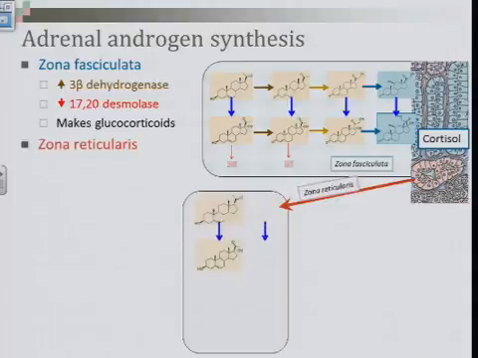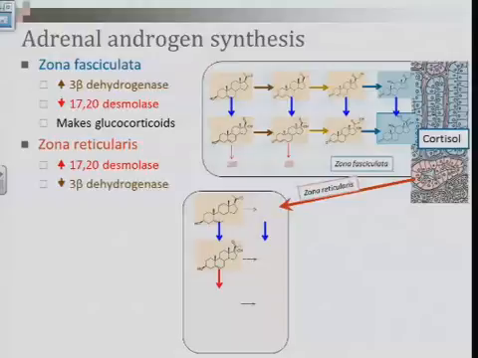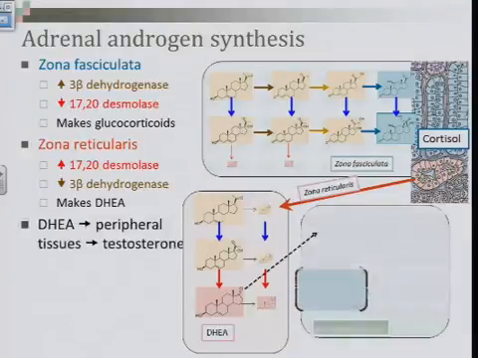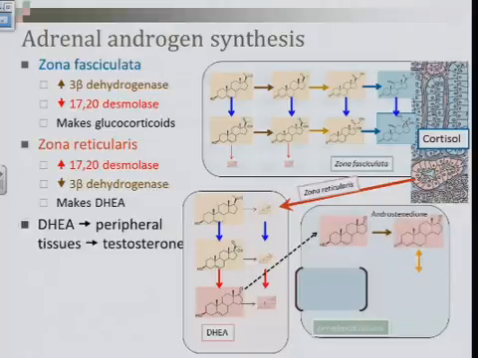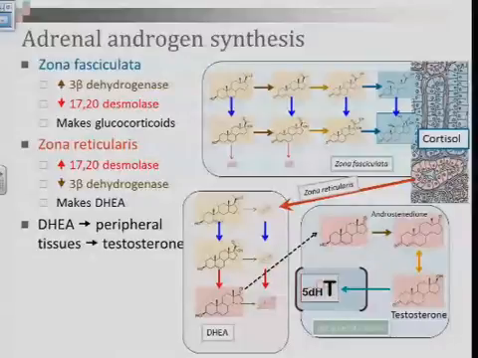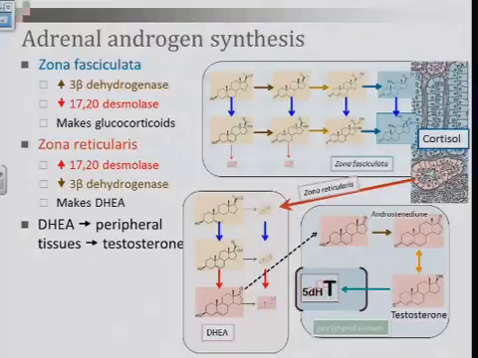Now in the zona reticularis down here, there's a lot of the 17,20 desmolase, but very little of the 3-beta hydroxylase. Okay. So the result is DHEA synthesis is favored. Now many peripheral tissues have the desmolase and the 17-beta hydroxylase to make testosterone, and then the 5-alpha reductase to make 5-DHT, found in women.